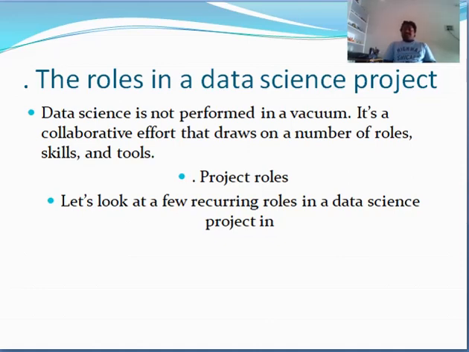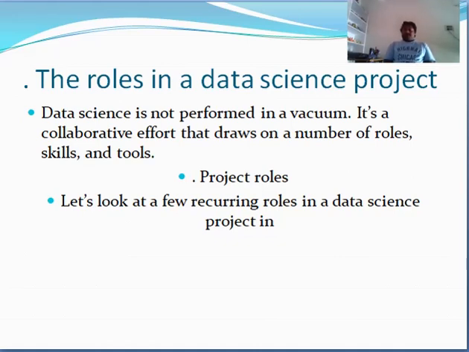It is not a single task. It is a collaborative effort that draws on a number of roles, skills and tools. We require a number of roles, skills and tools for successful completion of projects.